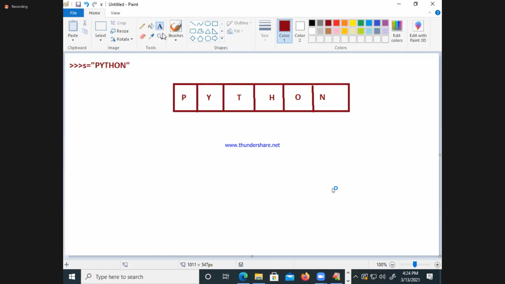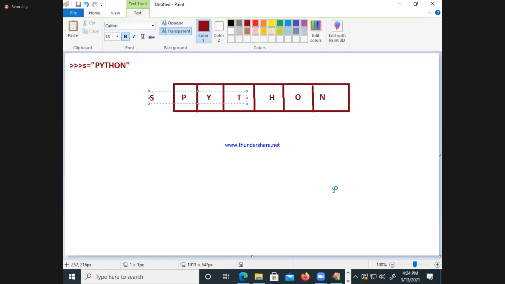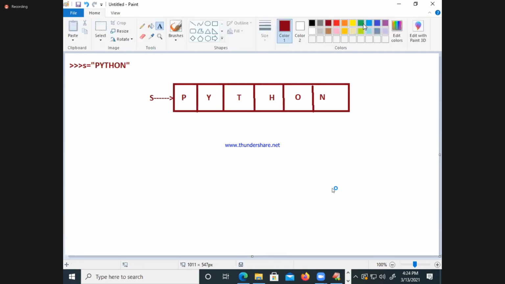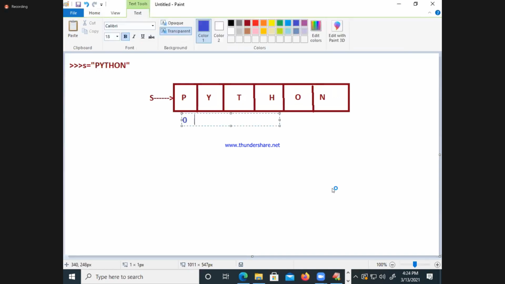And it is pointed to by object S. Then the positions: take 0, 1, 2, 3, 4, 5.